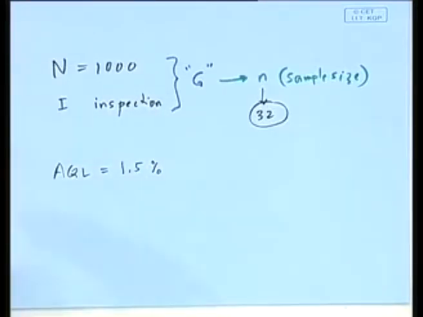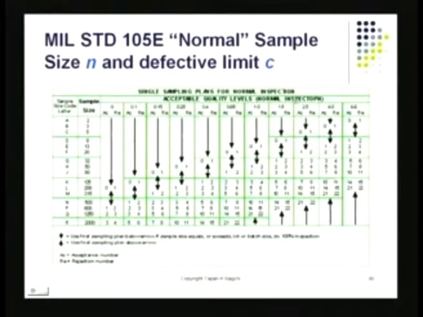What I then do is I locate 1.5% on AQL, on the columns. In the columns I locate my 1.5, and from this G I draw a straight line there, and I come down to this, and I end up with two numbers there. One is number 1, and the other is 2.